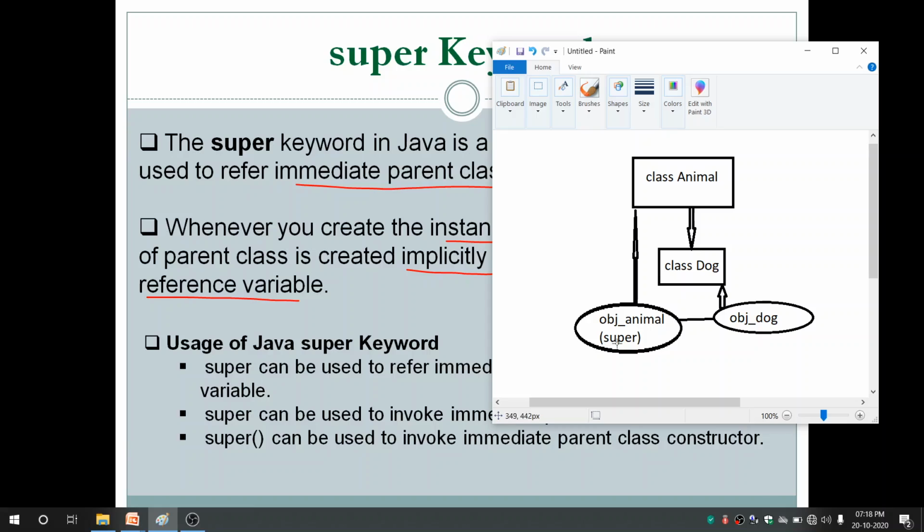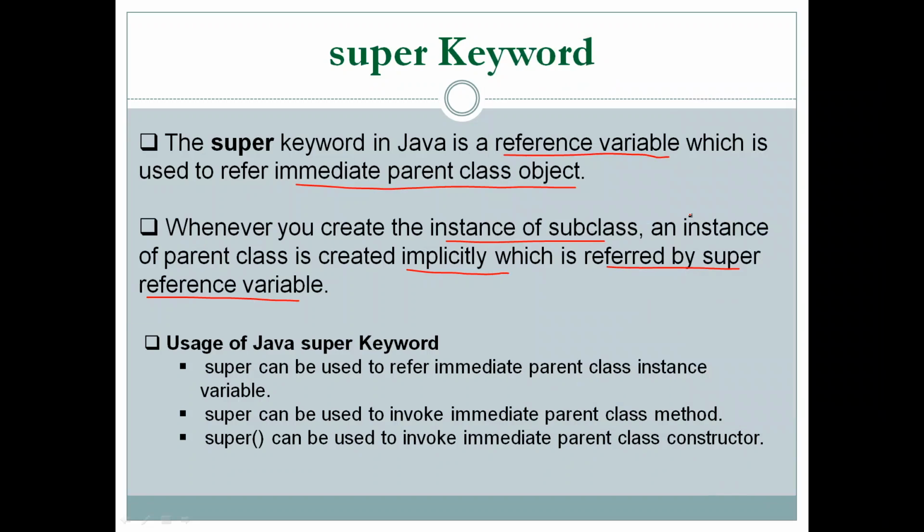The word is super. So using super we can refer to the parent class of class Dog. Obj of Dog refers to the class Dog, whereas super refers to the superclass of Dog. Okay, let's come back to the PPT.